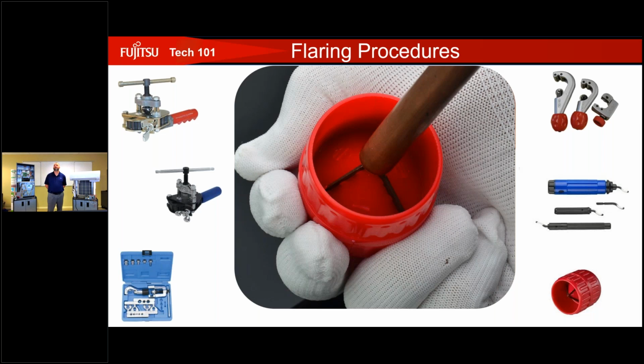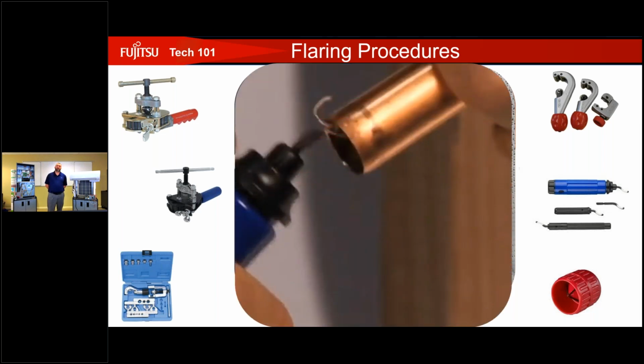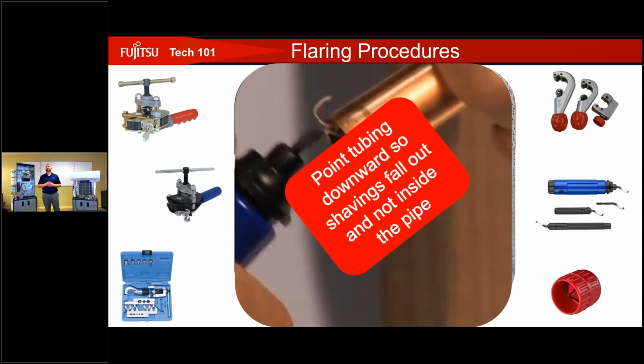Then you have the deburring tool, which is located right over here on the right-hand side. Any one of those will work. Just nice and easy, go around the inside of the copper and make sure it's completely smooth and doesn't get caught up in any areas before moving on to the next step.